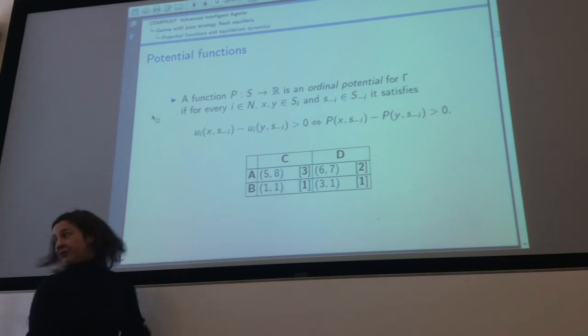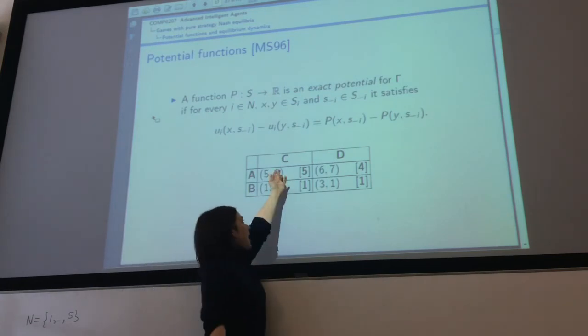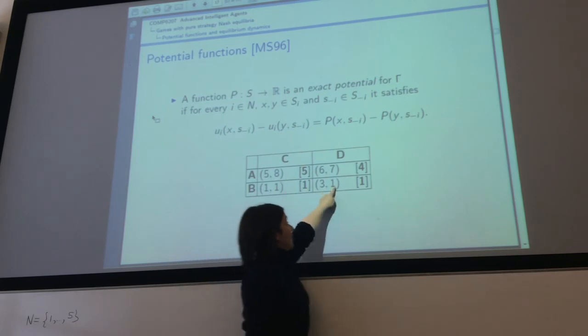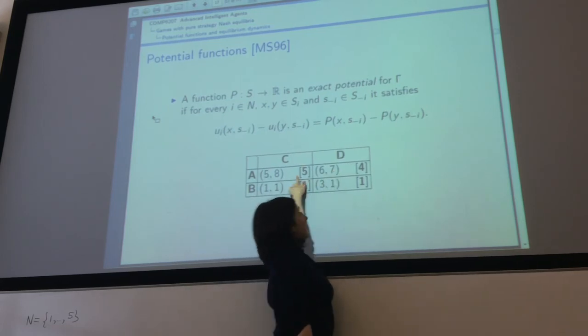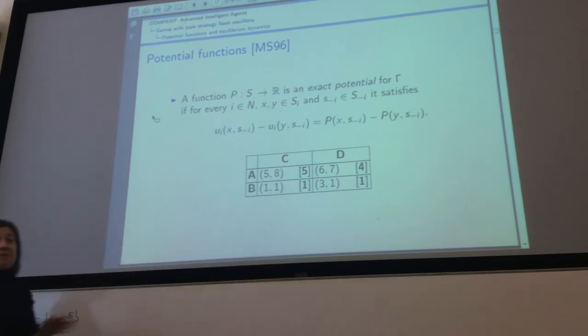But if in the previous example I started with this profile but put 10 here, then 10 must drop by 4, will be 6, 6, 9, 10. Also a potential function. Okay? So as long as there's one, there are infinitely many.